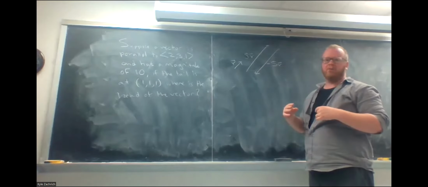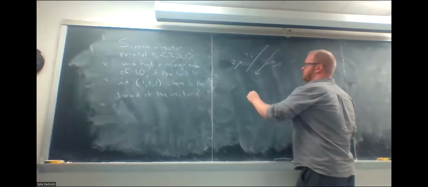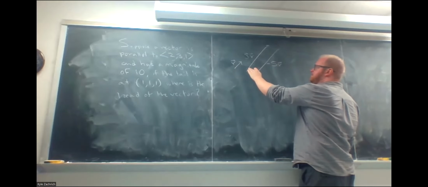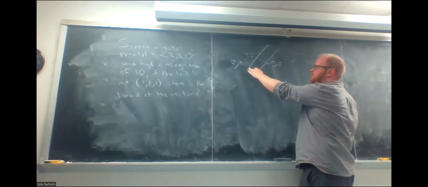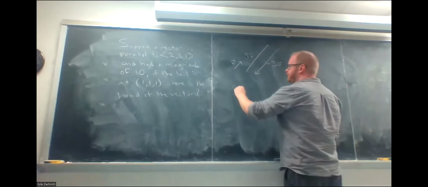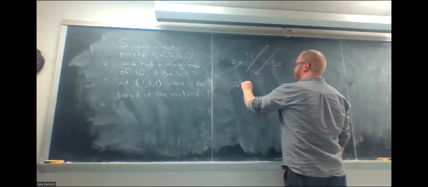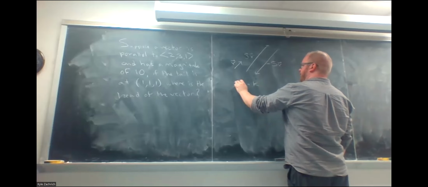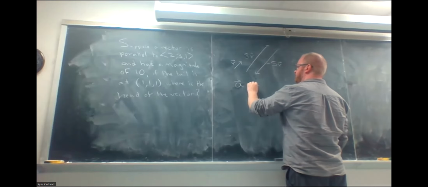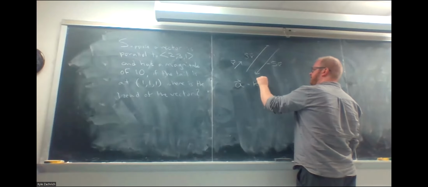So when we talk about what it means for something to be parallel, we're really just saying that if this vector times some scalar is equal to this vector, then they're parallel. So what that looks like in the equation is we could say that vector a is equal to some number k times vector b.